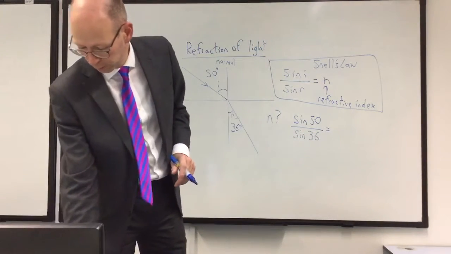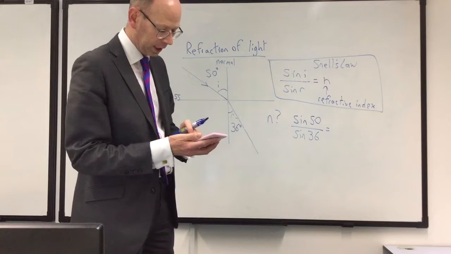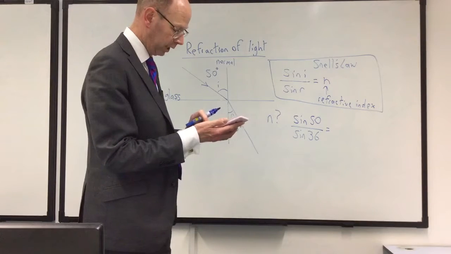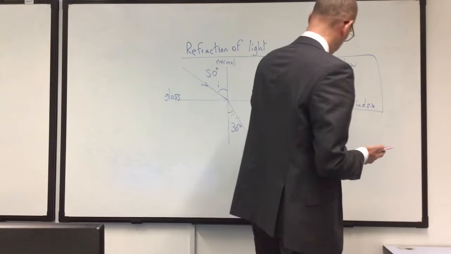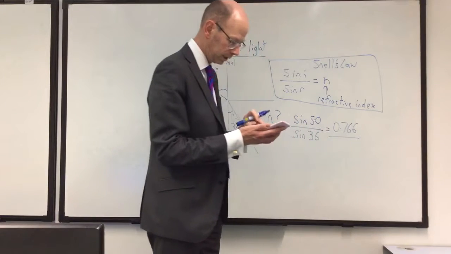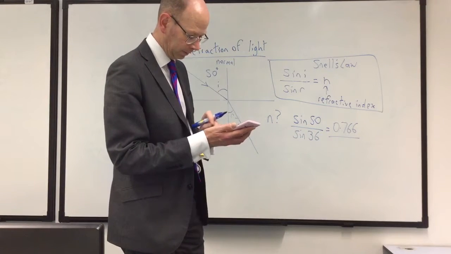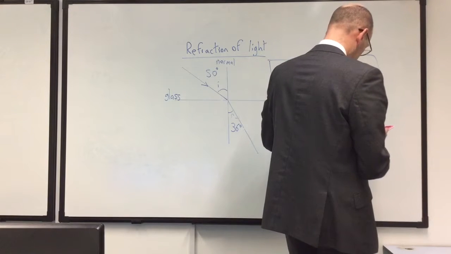So if we do that on the calculator, we've got sine of 50, which is 0.766, and sine of 36 is around about 0.588.